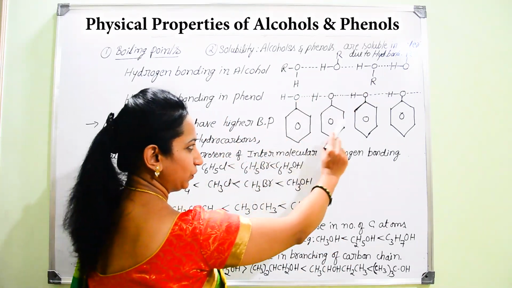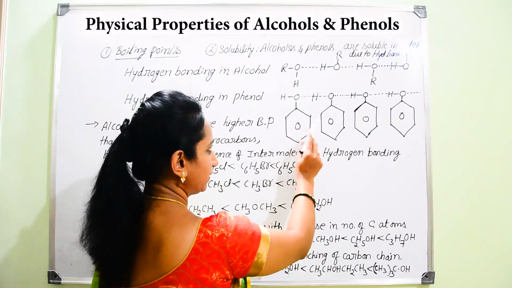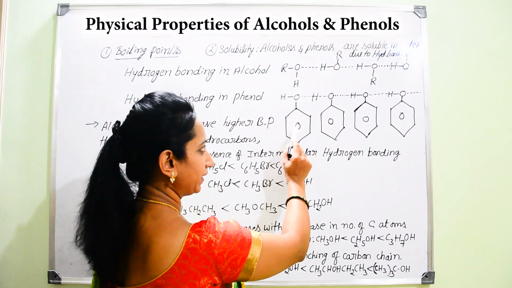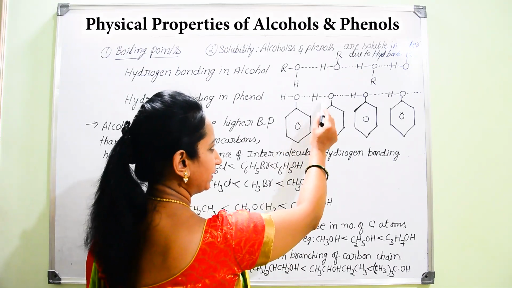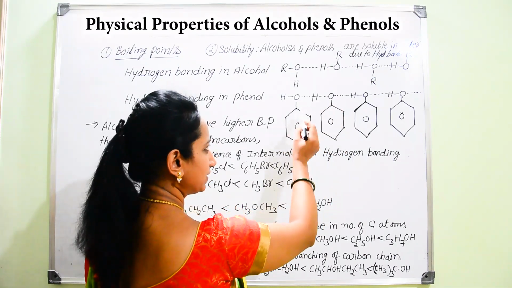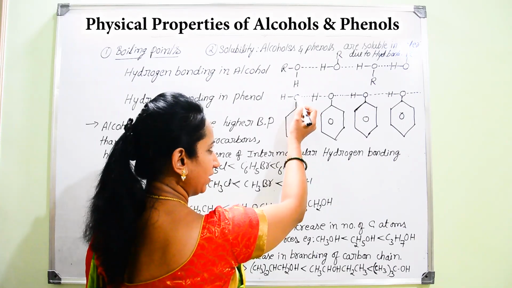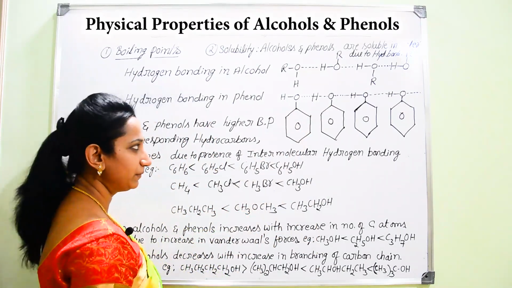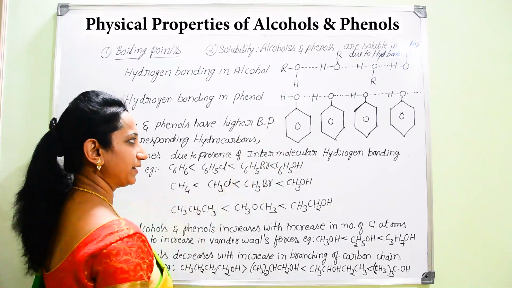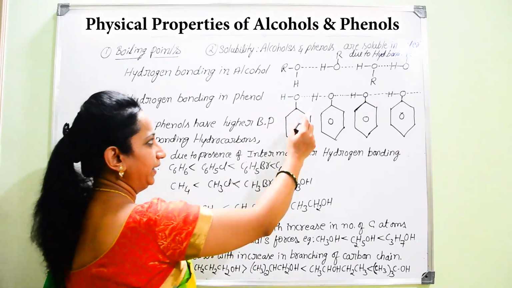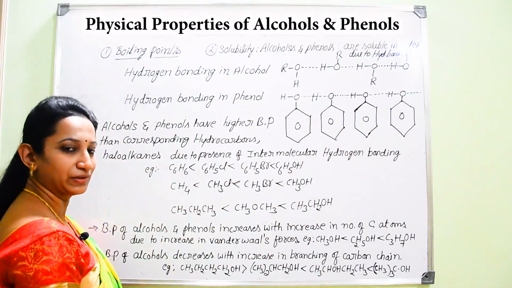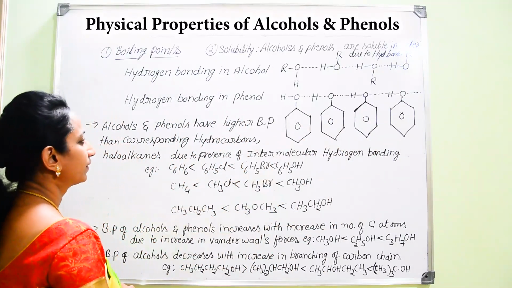Similarly, in phenols, as there is attachment of the OH group to the aromatic ring, between the neighboring molecules of phenols, between the oxygen of one molecule and the hydrogen of another molecule, there will be hydrogen bonding. It also results in the formation of intermolecular hydrogen bonding.